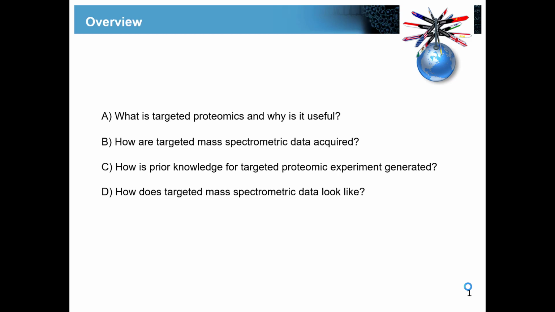And then I will speak also a little bit more about the prior knowledge that is required to do targeted experiments, and in the end we will just look at some first real data. So if there are people here who haven't seen any targeted proteomic data yet or not worked with it, this is something to get familiar with it and to see what you will deal with through the next 2.5 days a lot in all these Skyline hands-on sessions. And whenever there are questions, please don't hesitate and interrupt me at any time.